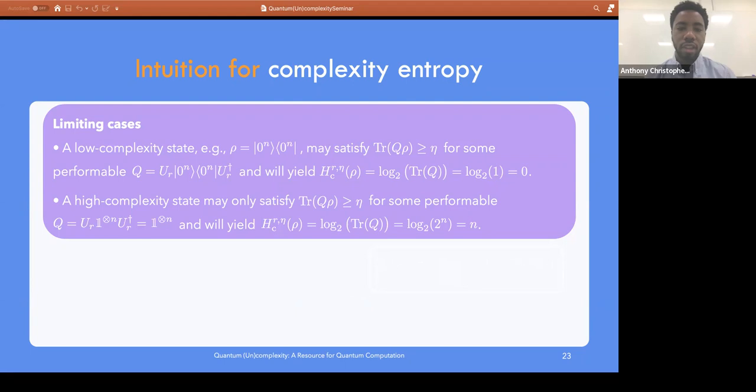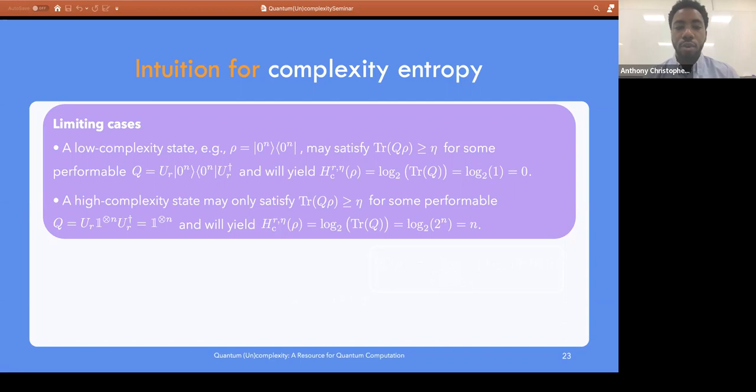In the high complexity case, we may only be able to satisfy that bound by, say, not being able to apply many gates R. We won't be able to feel confident projecting onto any of these qubits with the zero projector. So in that case, we have to leave them alone even after we apply our unitaries.